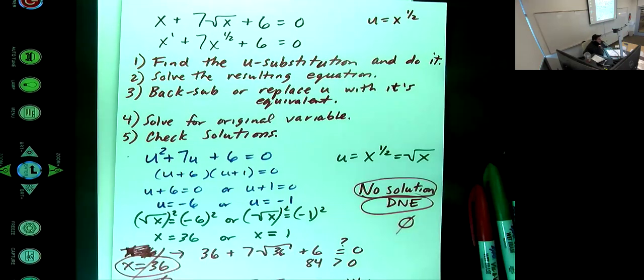So does that mean that all equations like that have no solution? I hate to say all equations, because if I have a minus sign in there, things change. If I have x minus 7 square root of x plus 6, those both work.